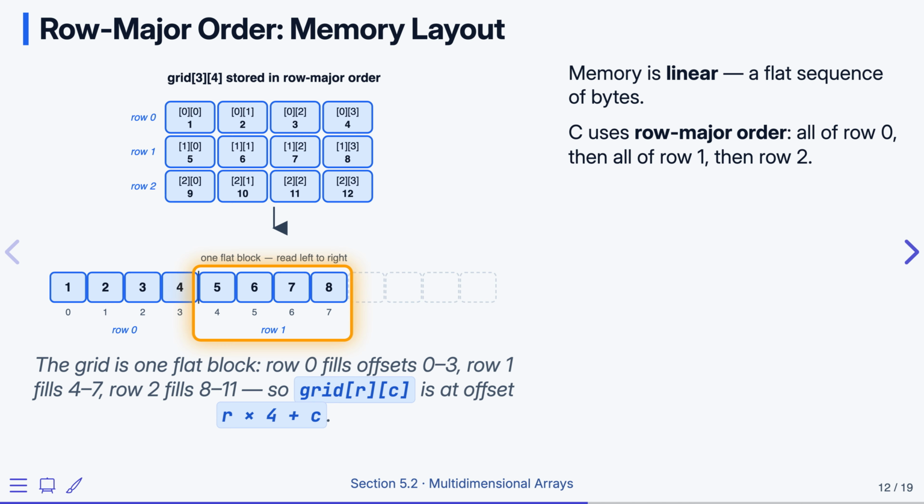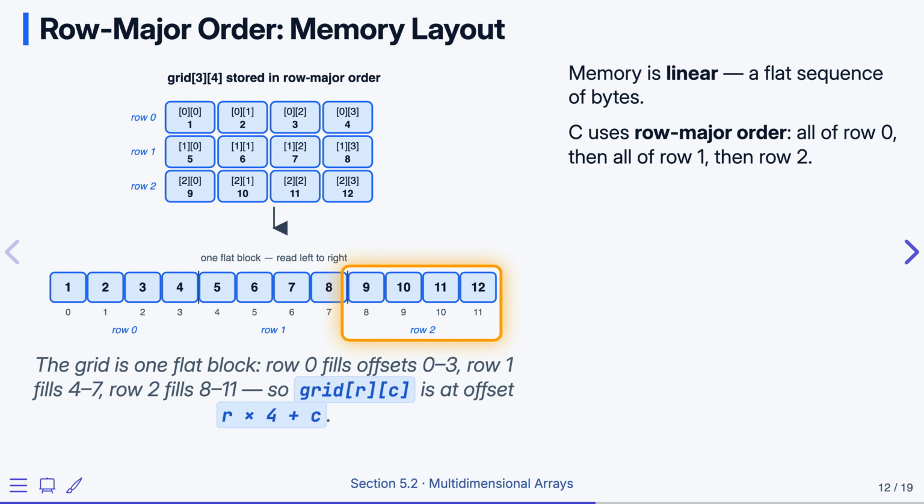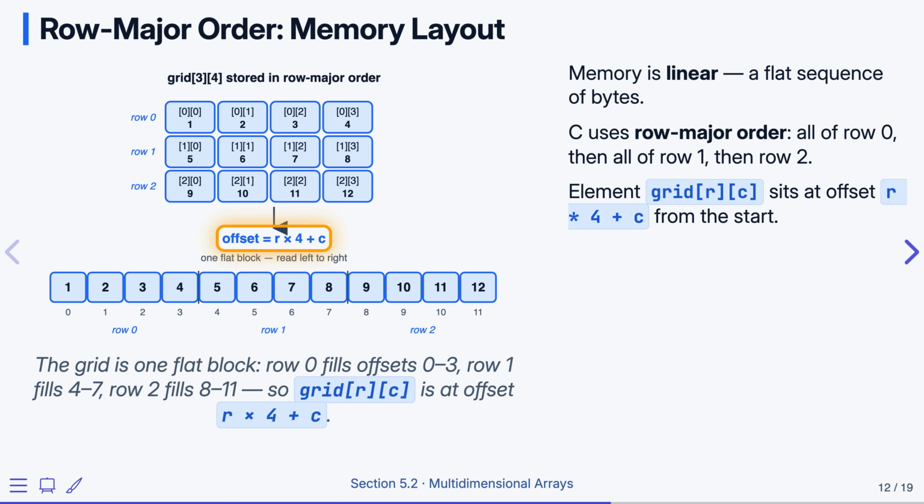Values 5, 6, 7, 8 at offsets 4, 5, 6, 7. Then row 2. Values 9, 10, 11, 12 at offsets 8, 9, 10, 11. One continuous block. So the element grid[R][C] sits at offset R times 4 plus C. The number of columns, 4, is the multiplier.